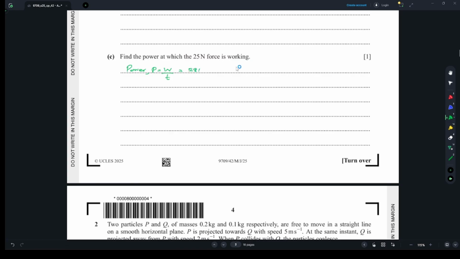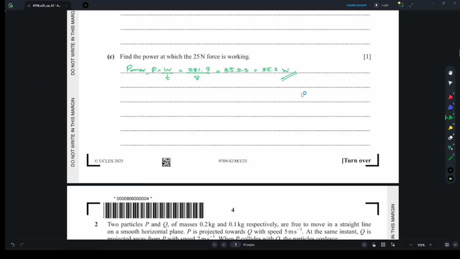So 281.9 divided by the time, 8 seconds, is 35.23. We keep that in three significant figures, so we write it as 35.2 watts. So that's all for the first question.